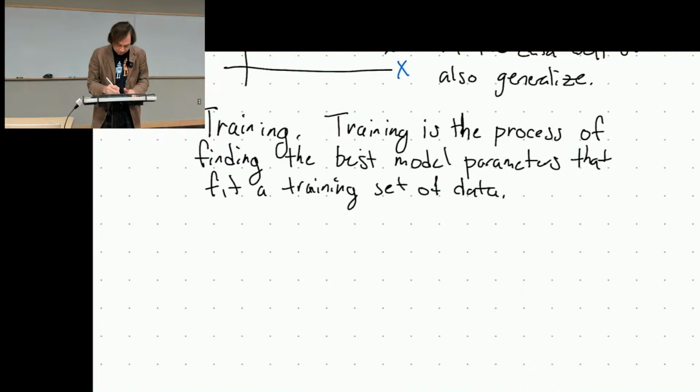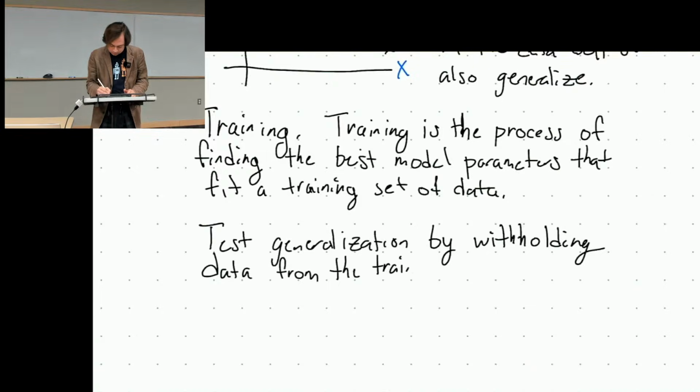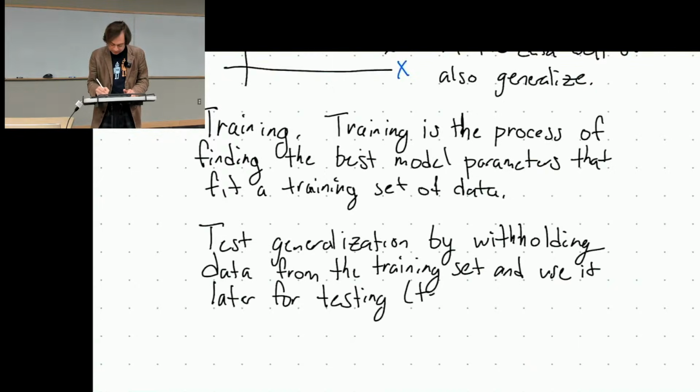Good practice is you can test generalization by withholding data from the training set and using it later for testing, or a test set.